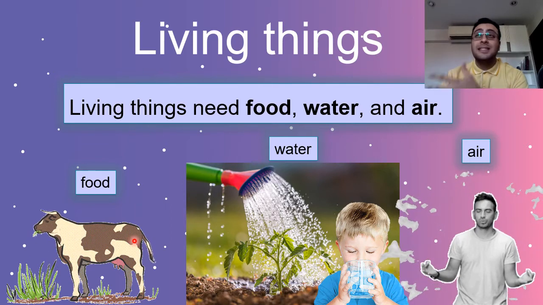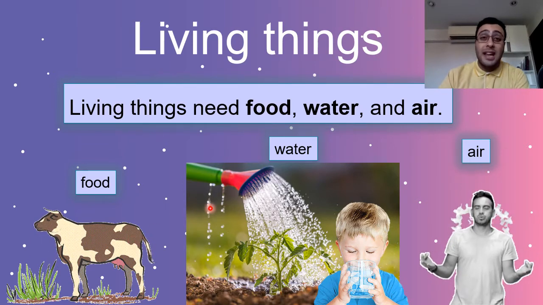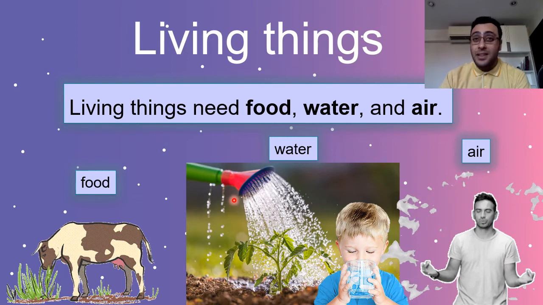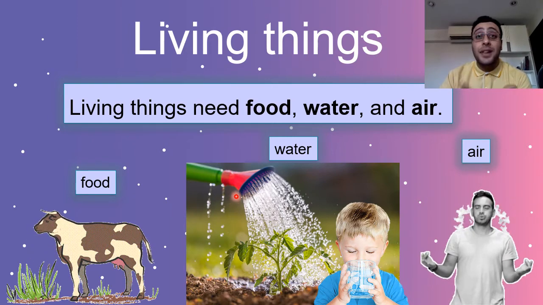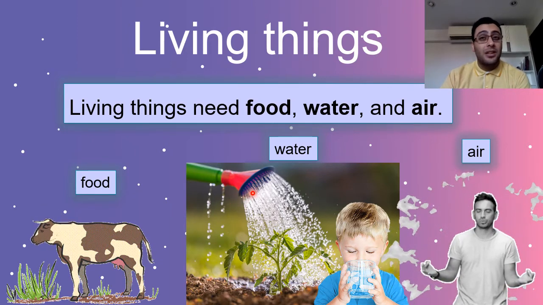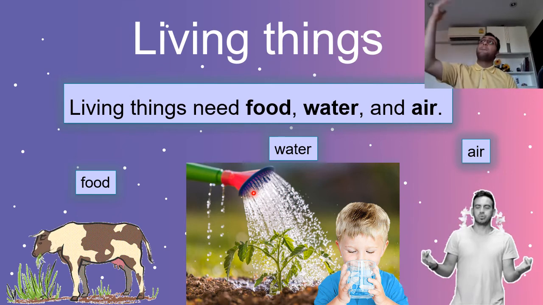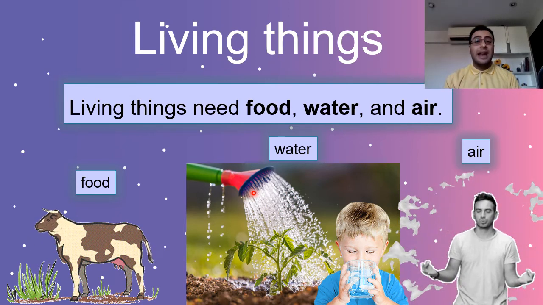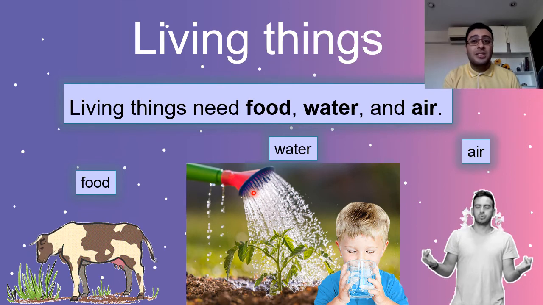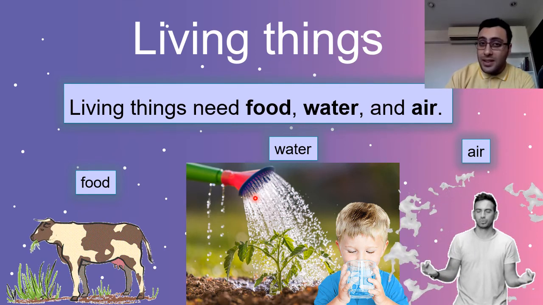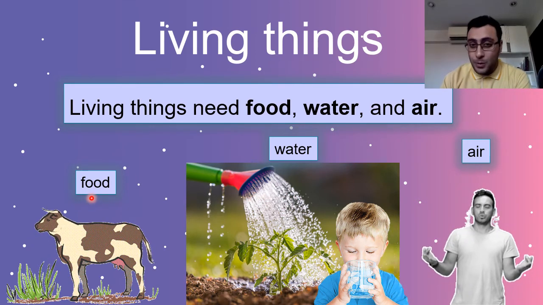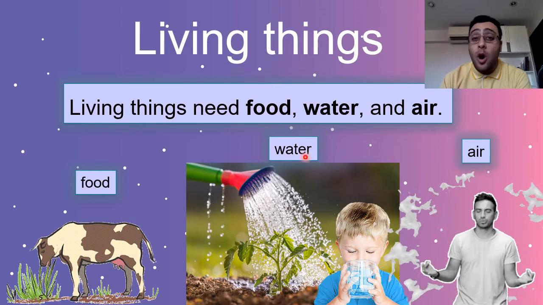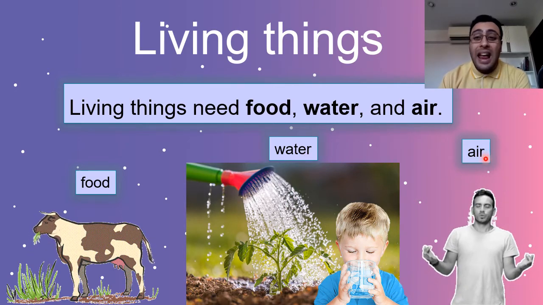Remember, plants, flowers, trees, they are also living things, okay? They have life. They have shiwit. Fish, birds, other types of animals, even tiny, tiny animals like ants are living things. They need food. They need water. And they need air.